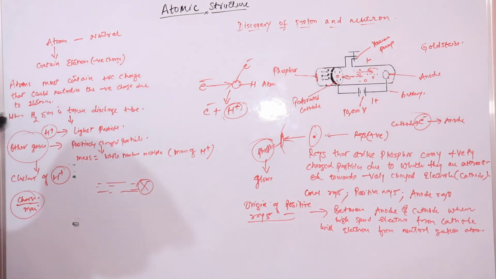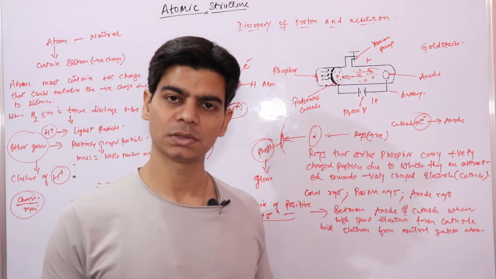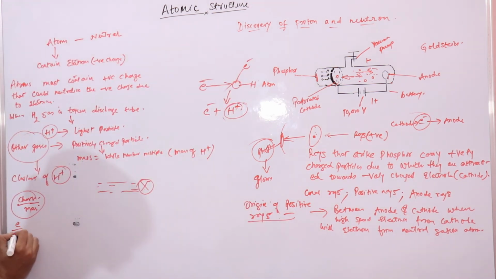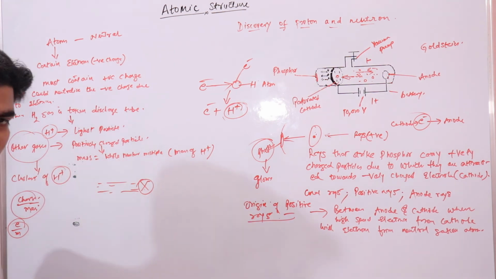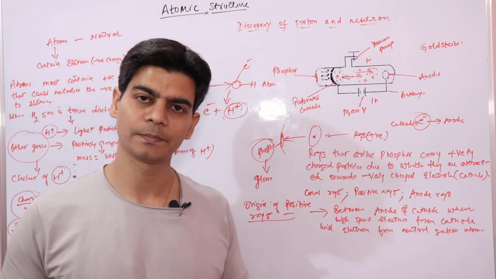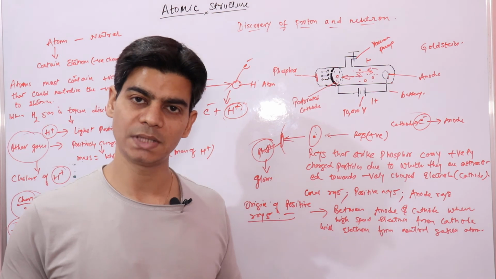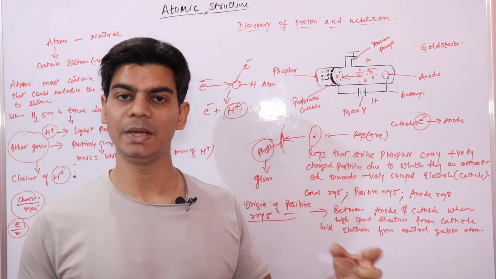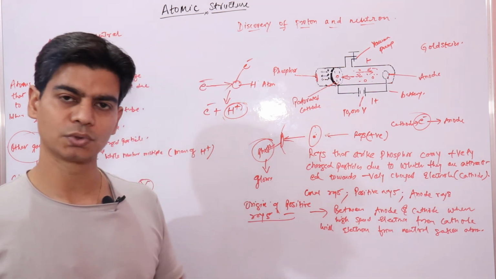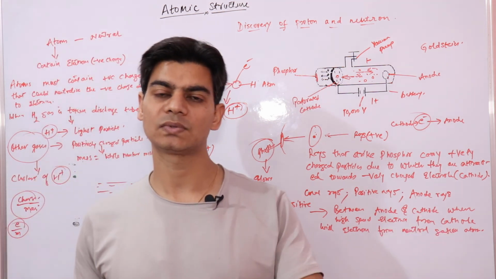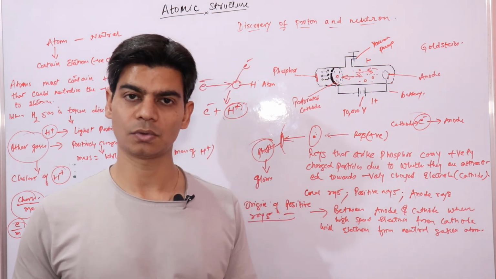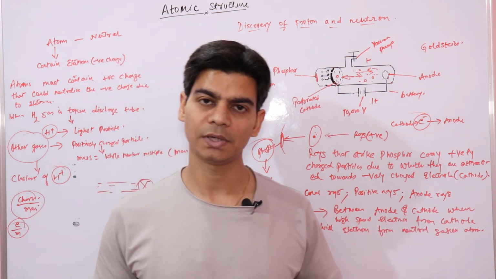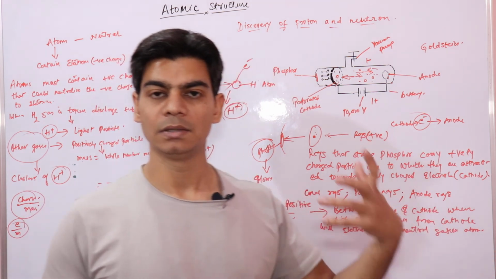If you remember, in the case of electrons, the charge to mass ratio was the same for electrons from any source, because the mass of the electron taken from any source will remain the same. It doesn't matter whether it comes from a sodium atom, a hydrogen atom, or a lithium atom, the mass of the electron would be the same, and its charge will also be the same.